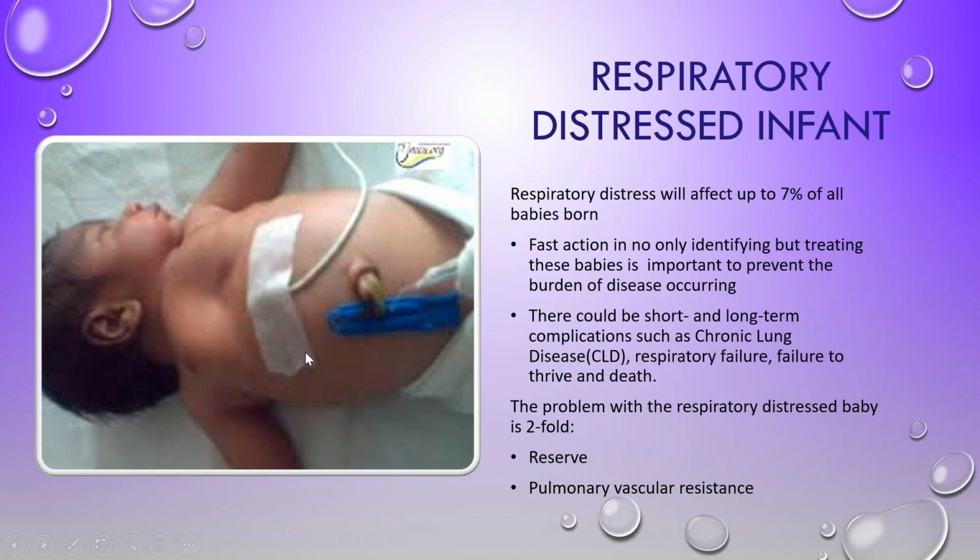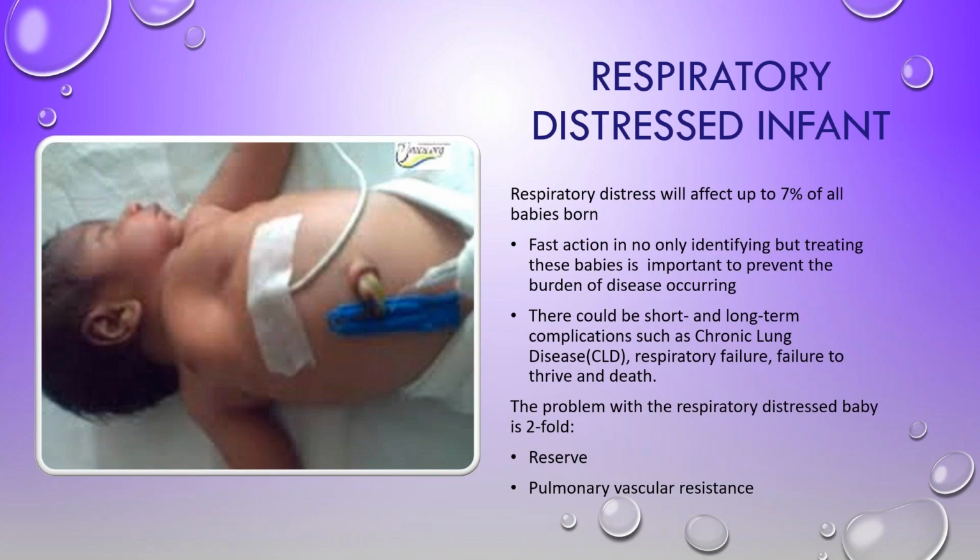That in itself, once again, can worsen the respiratory distress because a cold baby or an overheated baby gets dehydrated quickly and breathes faster. So now you're increasing the workload.